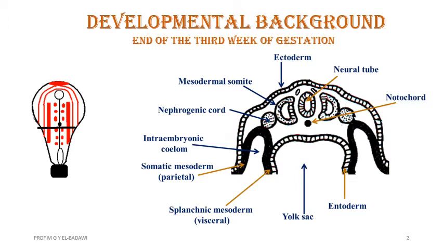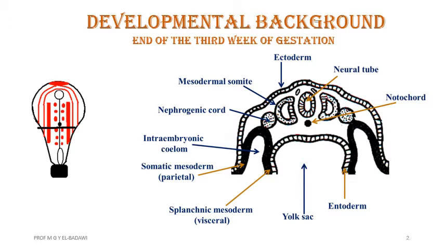In the middle line will form the pericardium, that is the first cavity. On each side, the two pleural cavities, and below will be the two peritoneal recesses, which will unite to form the peritoneal cavity.